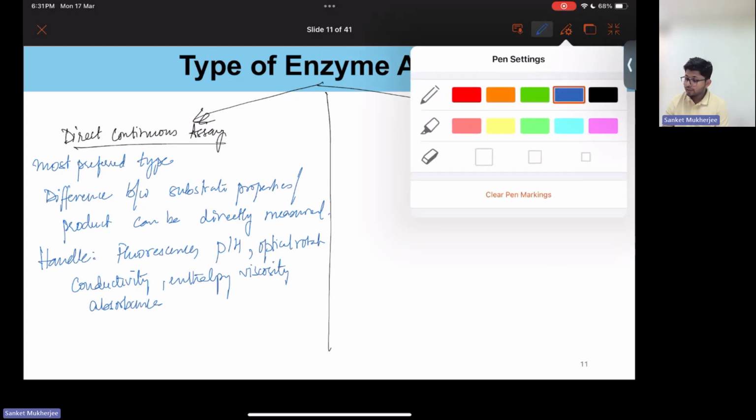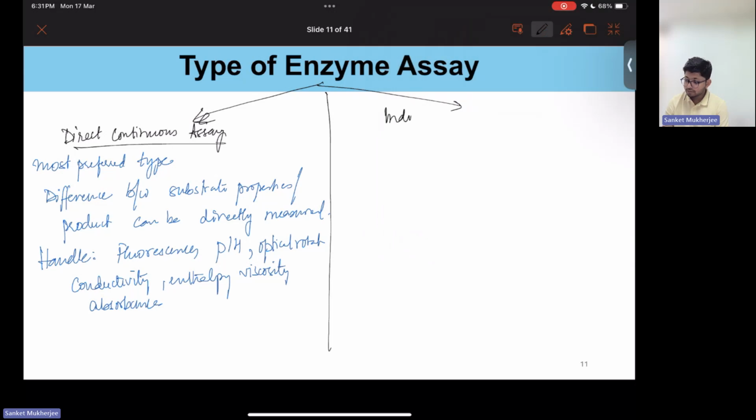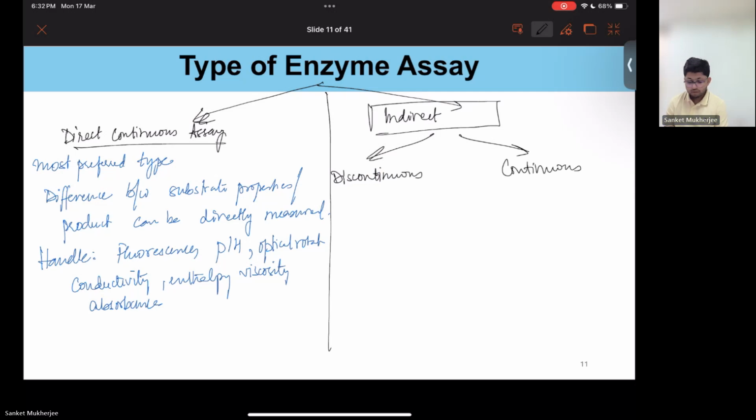The other way is indirect. Among indirect, there could again be 2 types, either discontinuous or continuous. Discontinuous is also known as sampling assays. Let's say you want to find out how much ATP is produced in a reaction, so you would use a luciferase assay.